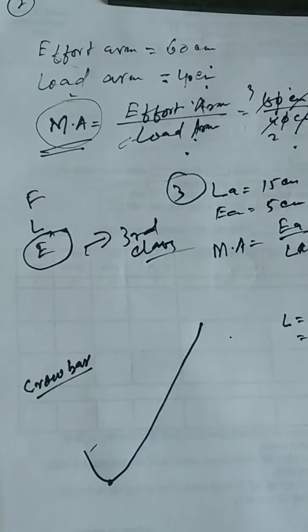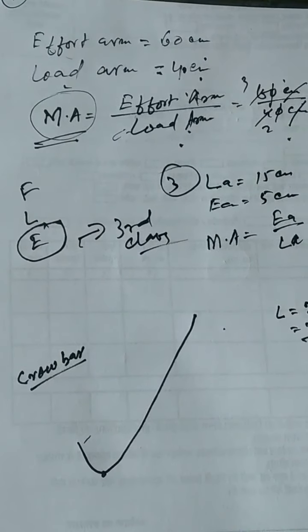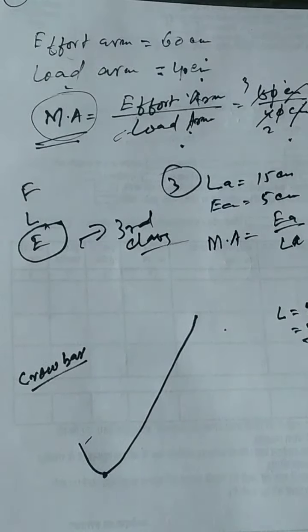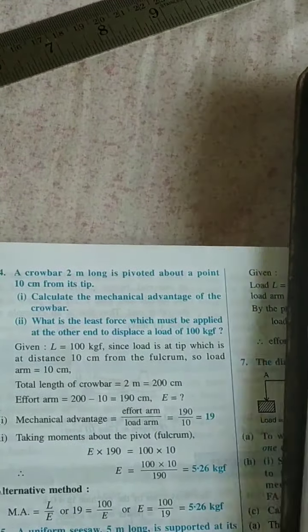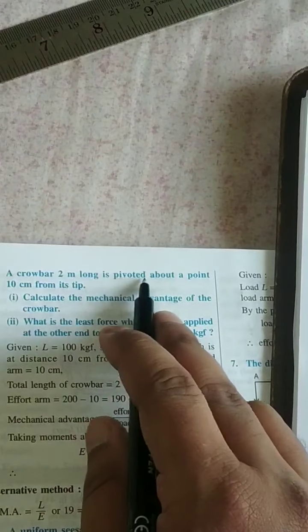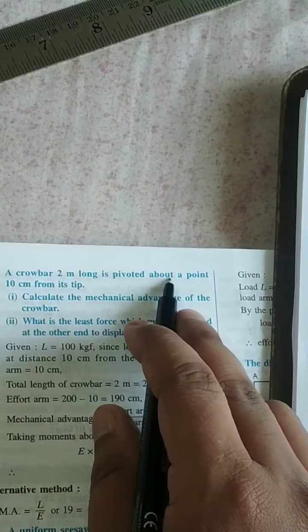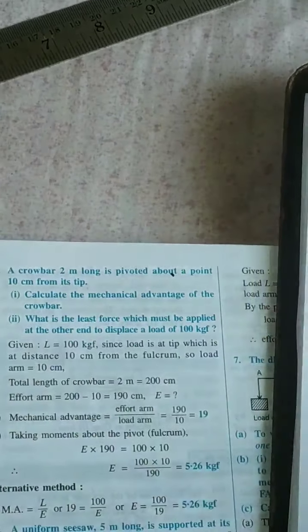its tip. Pivot point means, remember from the first chapter, the fixed point, that will be the fulcrum. So the fulcrum is pivoted about a point 10 centimeter from its tip.